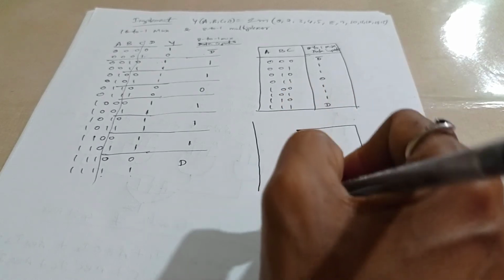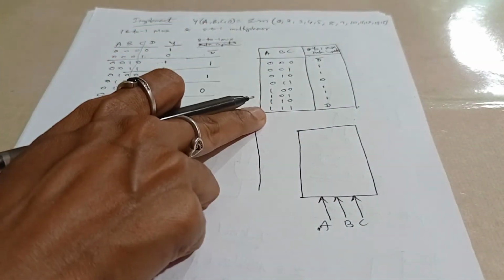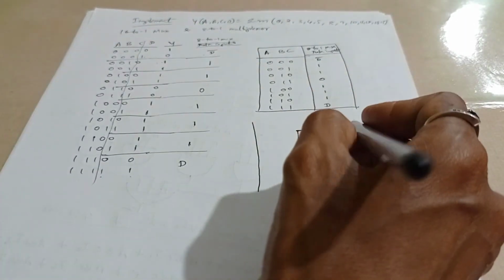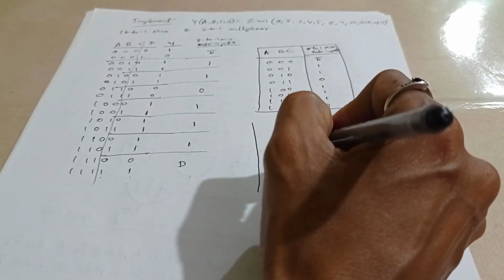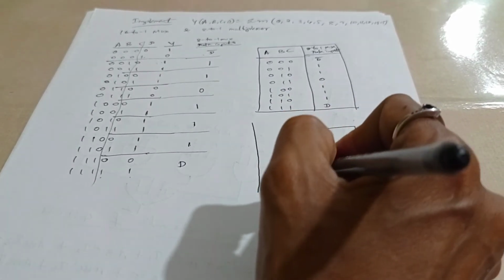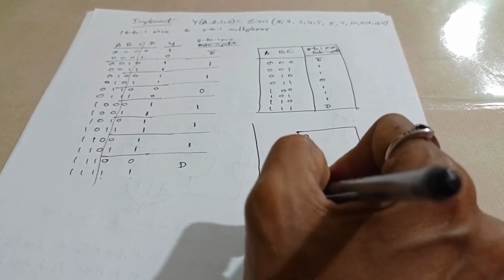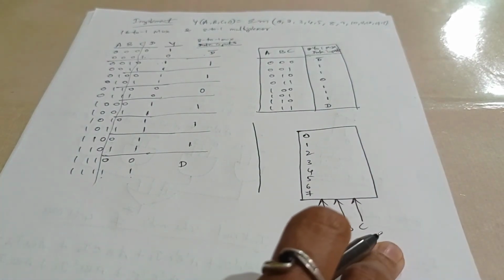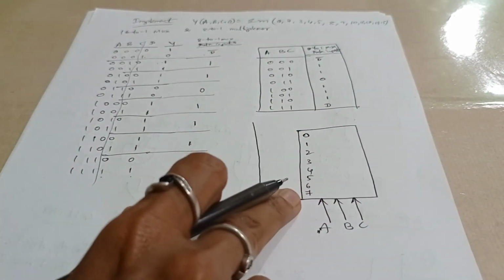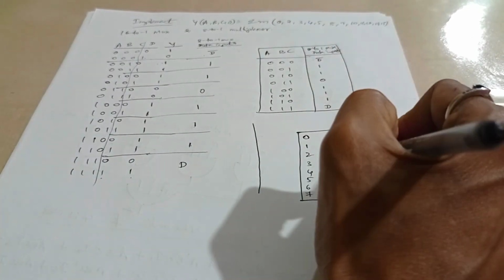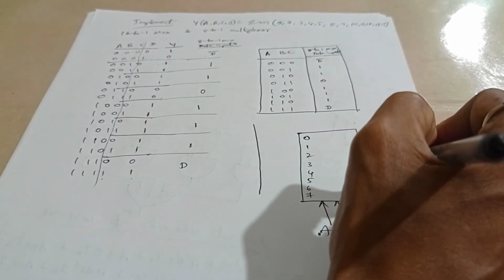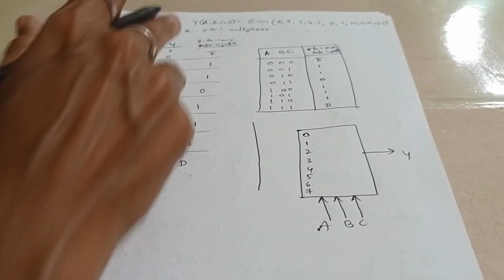Here we'll write the data inputs. How many data inputs? 0 to 7. Control inputs are 3, A, B, C, data inputs 0 to 7, and 1 output, that is Y.